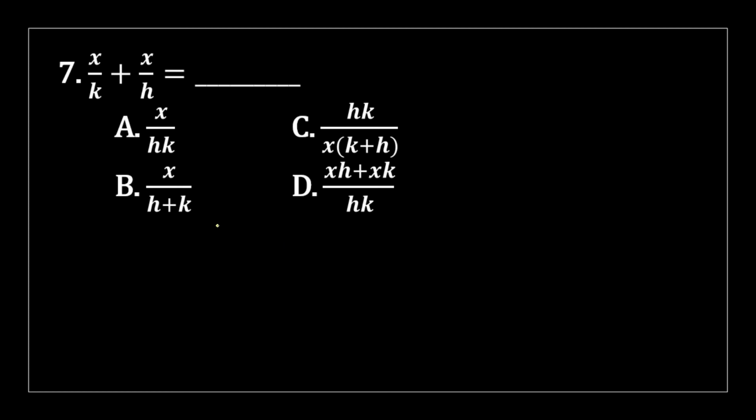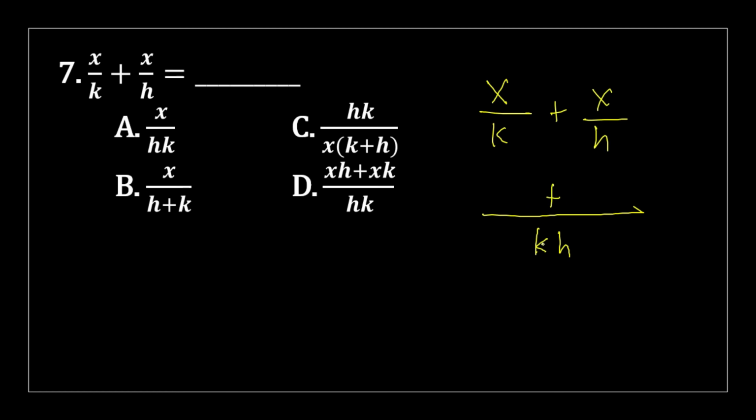Now let's go to number 7. x over k plus x over h. To answer this, in adding fractions, all we need to do is to have the same denominator. In this case, we're going to find the LCD of k and h. All you have to do is multiply them. So we have kh or hk as our denominator. Now copy the plus sign.